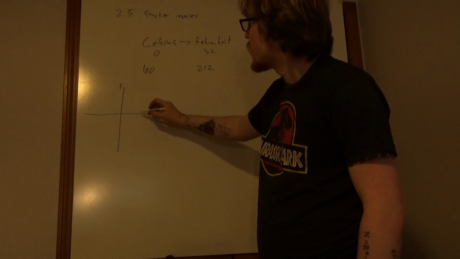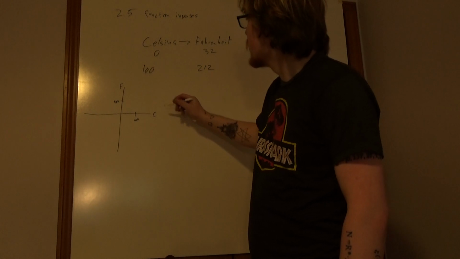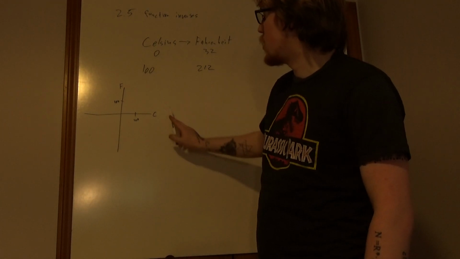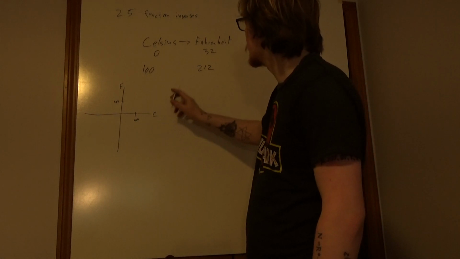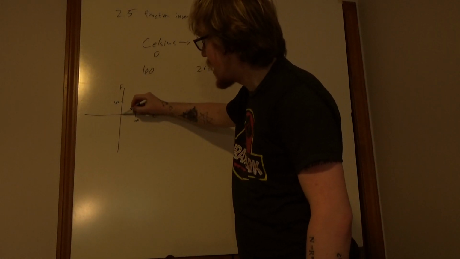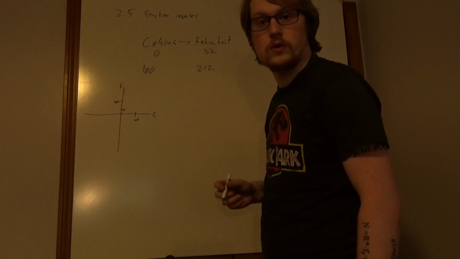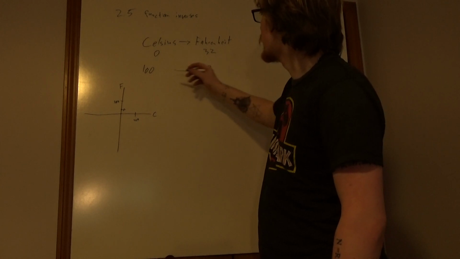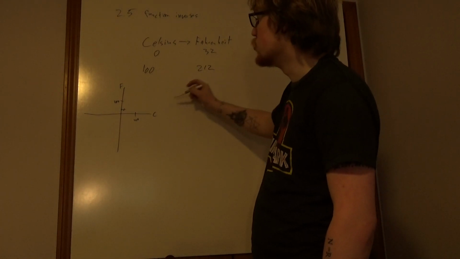And I know that if we just mark these out as 100 and 100, then 0 on the c-axis, in this case, the horizontal axis, is going to map to 32. So at 0C, it's going to output roughly here, which is 32 degrees Fahrenheit. And we also know that for the other point, at 100C, it's going to output to 212 Fahrenheit.